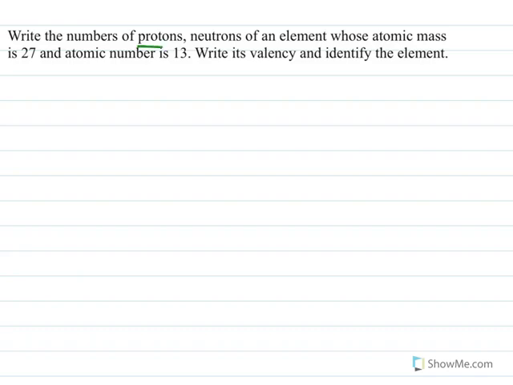Write the number of protons, neutrons of an element whose atomic mass is 27. Atomic mass equal to 27. Now, atomic number is 13. Atomic number equal to 13.